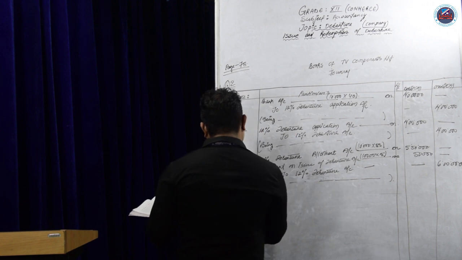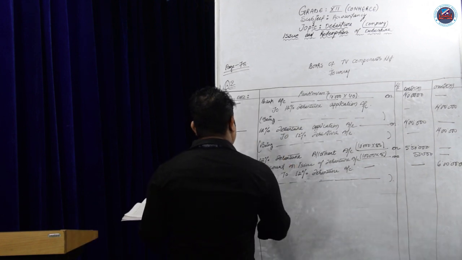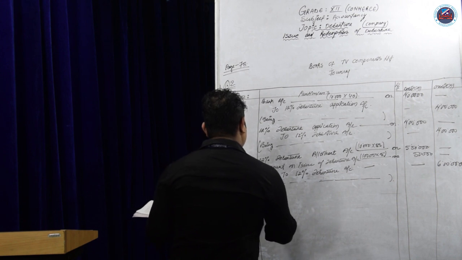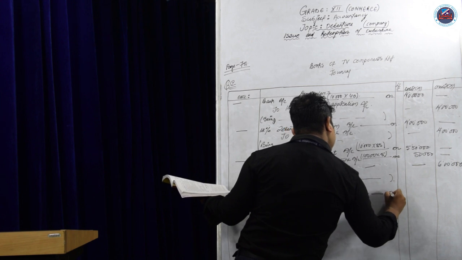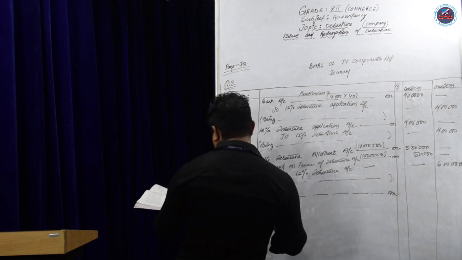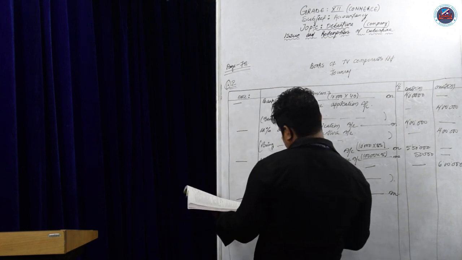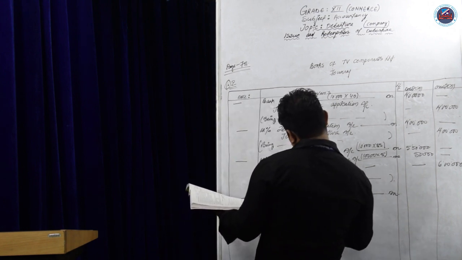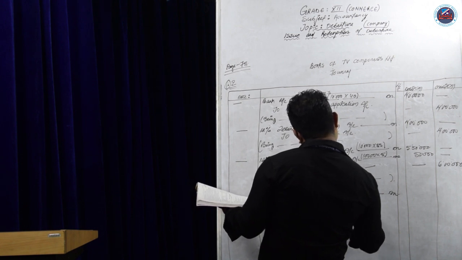Now for the receipt entry of this entry, we'll write bank account debit to 12% debenture allotment account.